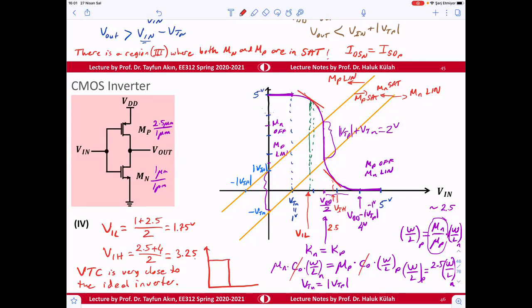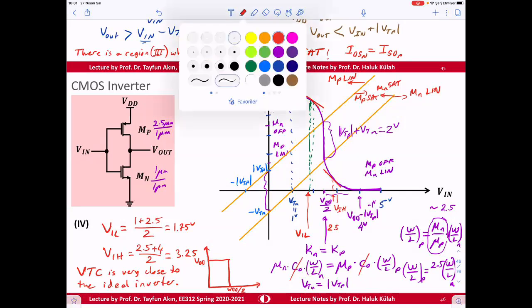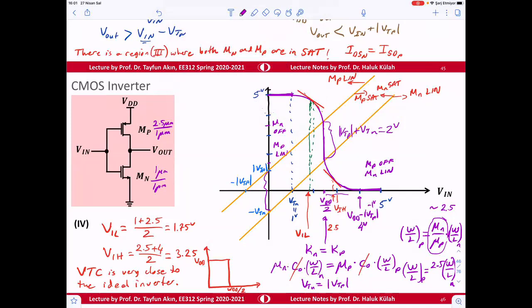This is VDD, and this was VDD divided by 2. So this was the response. Here our response is very close to this, but maybe here you have this and here we have this. So this is CMOS. This one is ideal.